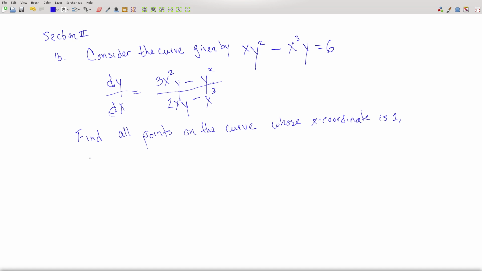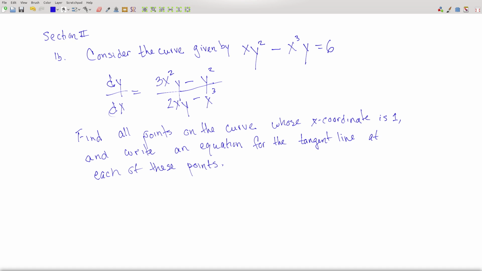And then it says, write an equation for the tangent line at each of these points. Let's make sure we understand the problem.